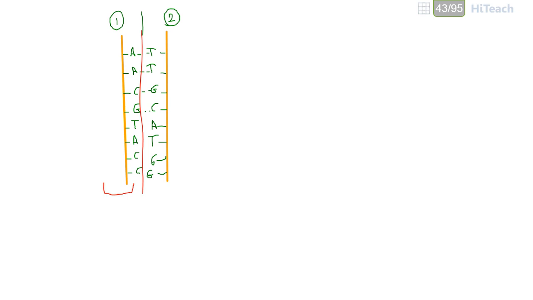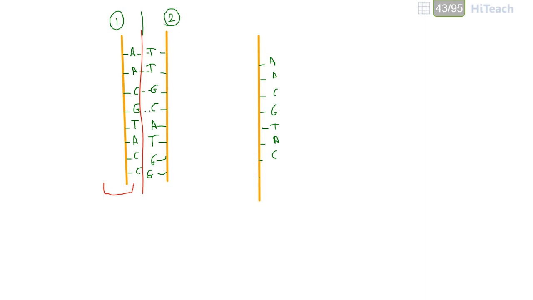This is the first strand, and I'll put here A, this one C, this one G, this one T, then you have A, then you have C and C, right?